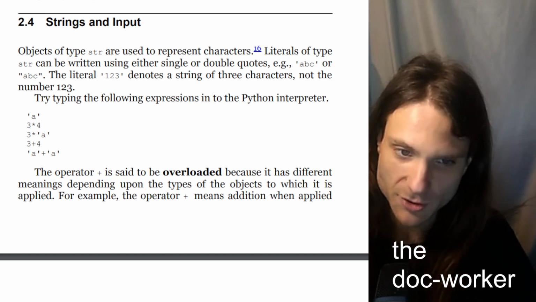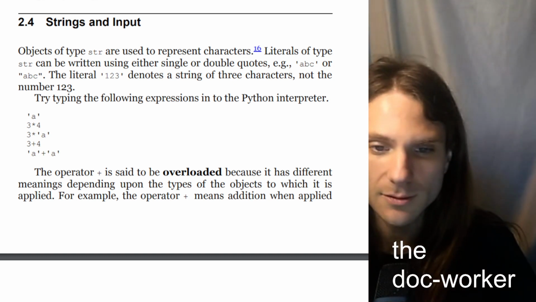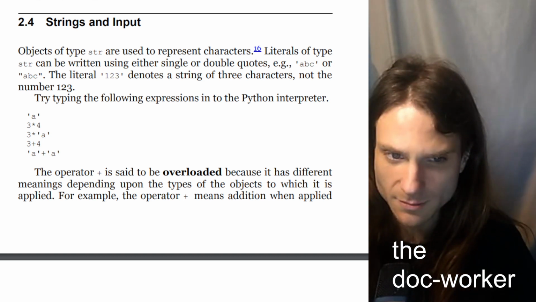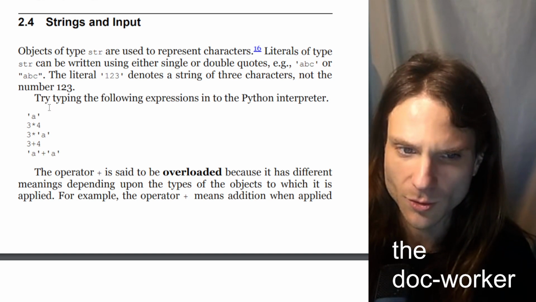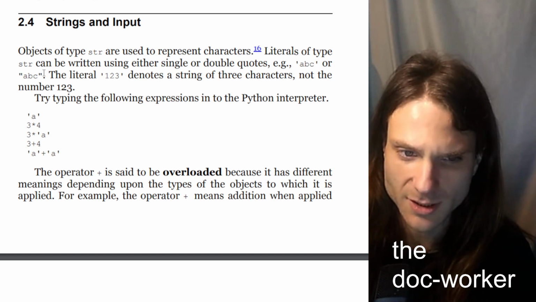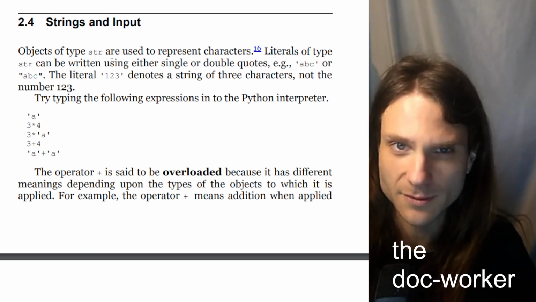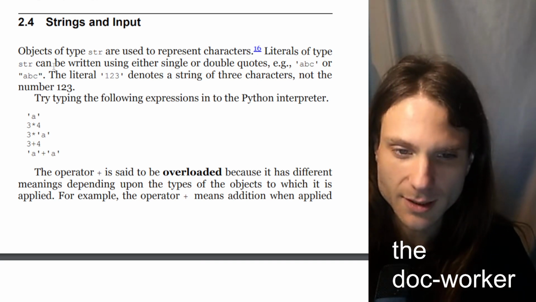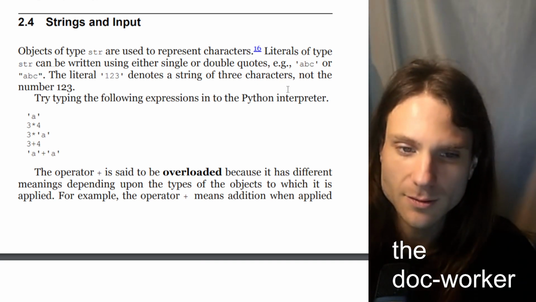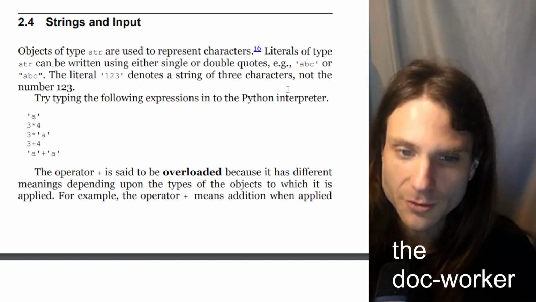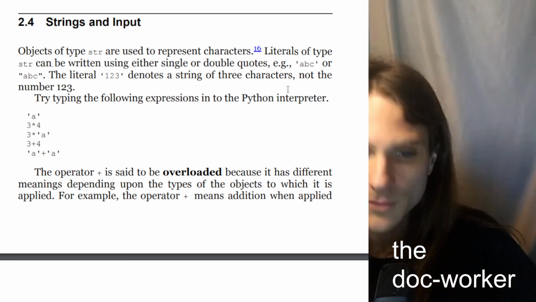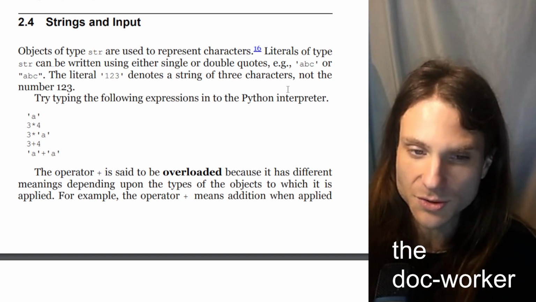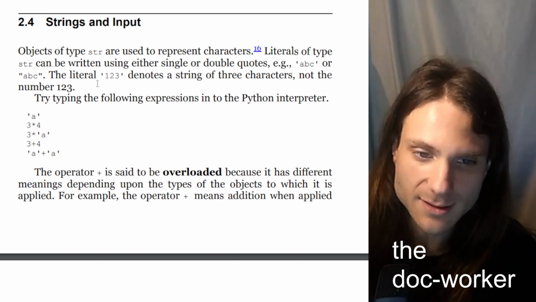Literals of type string can be written using either single or double quotes, such as 'abc' with single quotes around it, or "abc" with double quotation marks around it. Makes no difference as long as it's the same one on each side. The literal '123' denotes a string of 3 characters, not the number 123. This isn't an integer type.